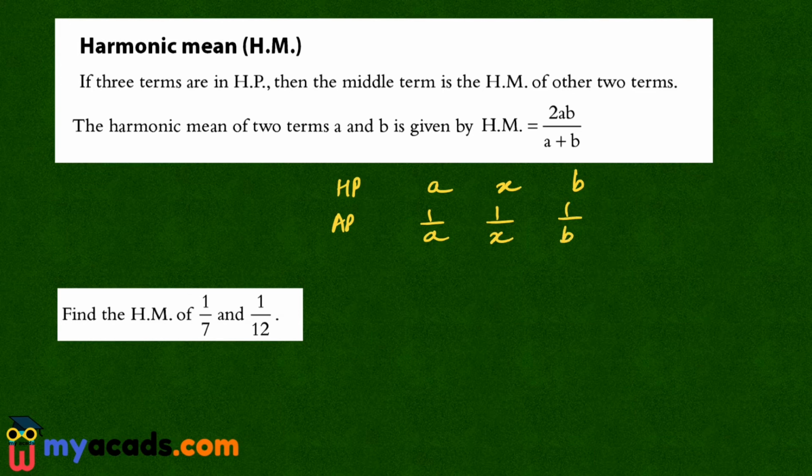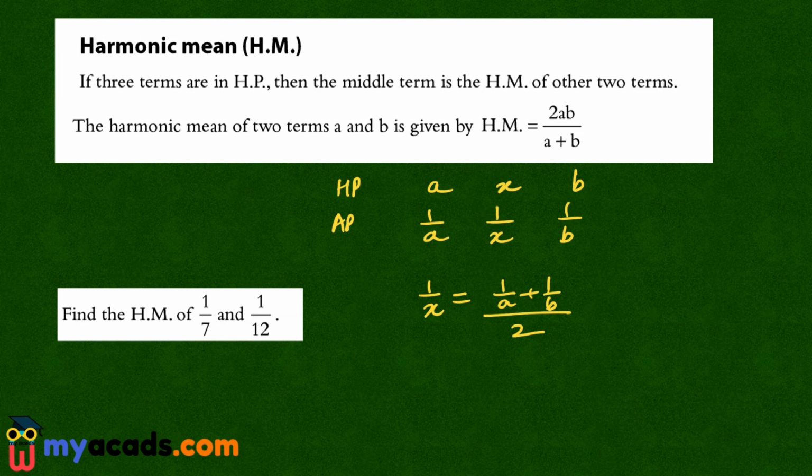This is in AP. Now I know that in an AP, the middle term is the arithmetic mean of the other two terms. So it means 1 upon X is the arithmetic mean of 1 upon A plus 1 upon B divided by 2.